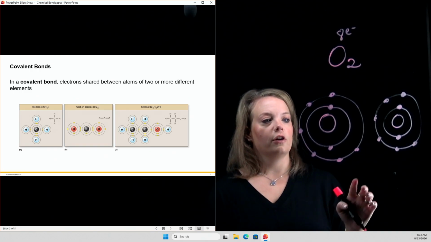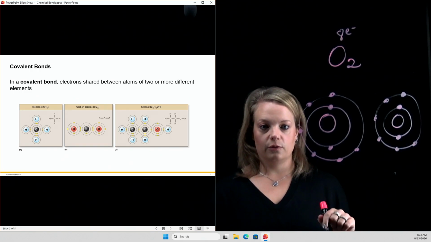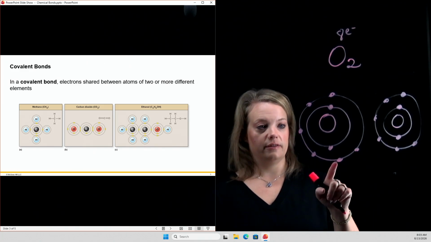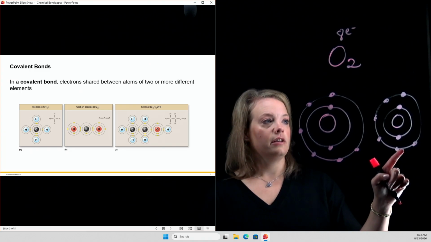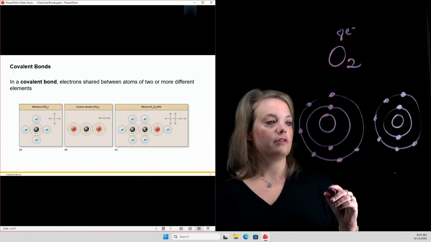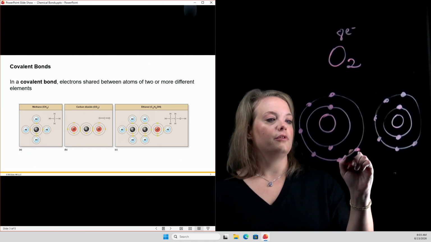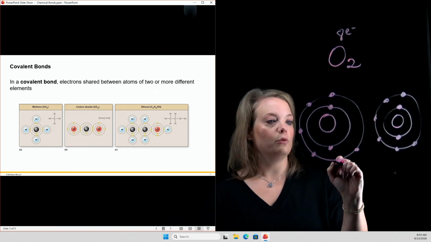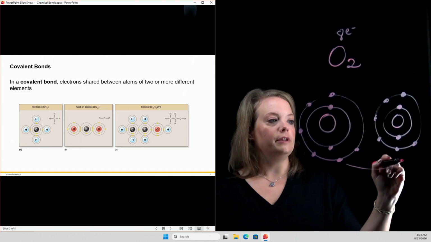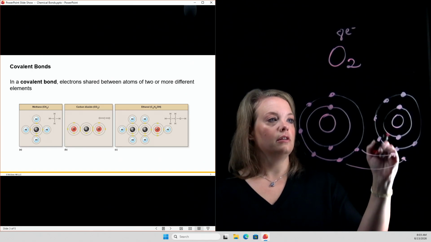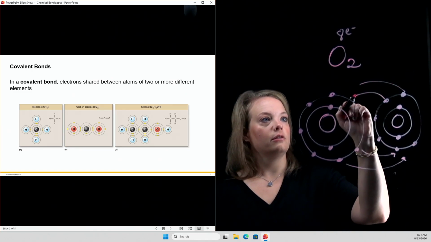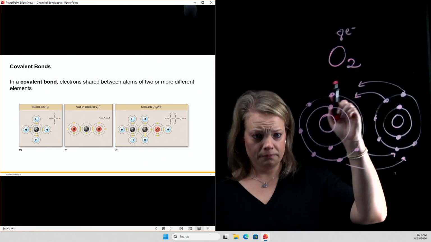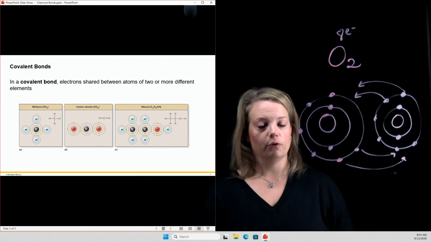So in order for these 2 atoms of oxygen to be stable, they have to share 2 electrons, because this atom needs 2 electrons and this atom needs 2 electrons. And so maybe one of the electrons or 2 of the electrons will end up orbiting around this one, and 2 of these electrons will end up orbiting around this one as well. And so those electrons will orbit around both atoms.